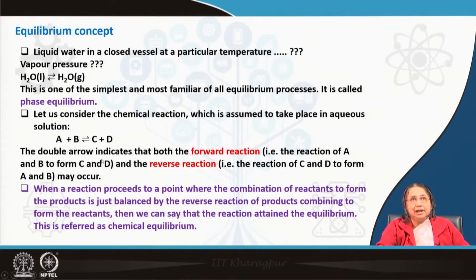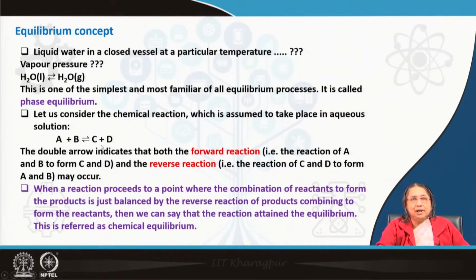That means the double arrow is indicating that both the forward reaction, that is the reaction of A and B to form C and D, and the reverse reaction, that is the reaction of C and D to form A and B, may occur. That means forward reaction, at the same time a backward reaction is occurring in this particular reaction.